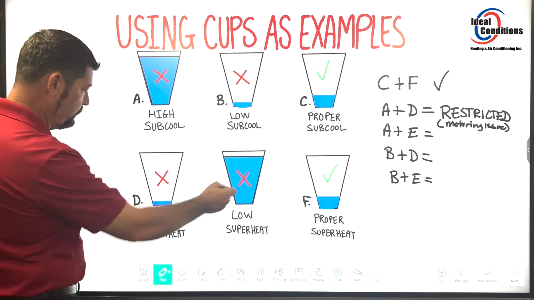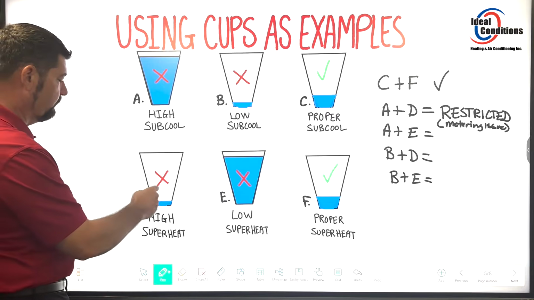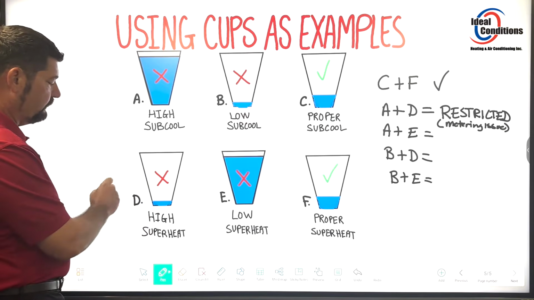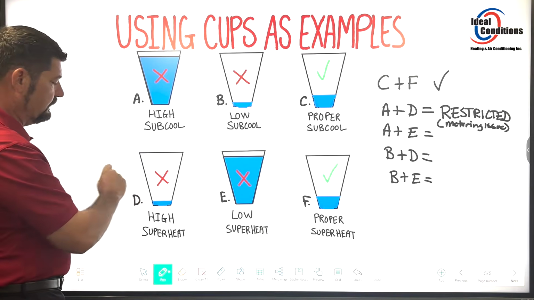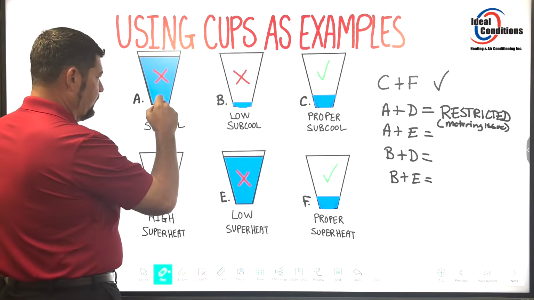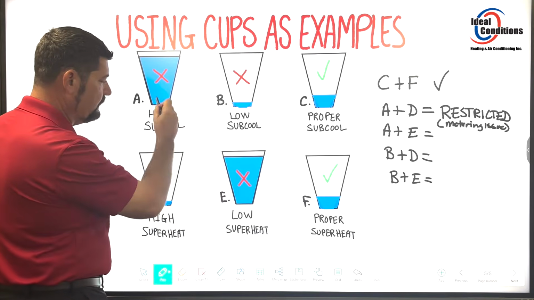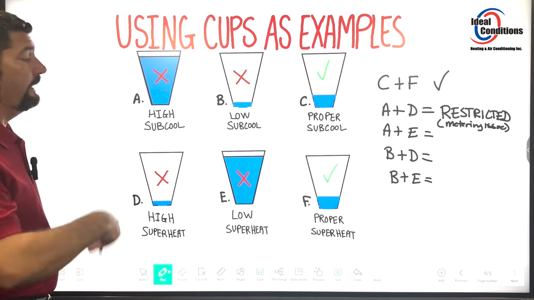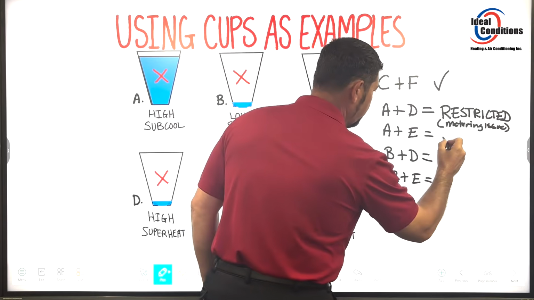No, one's empty, one's full. So if I have an empty evaporator coil, meaning a high superheat, then it's not allowing all this bottled up liquid to get in there. But if I have too much liquid here and I have too much liquid here, that can only mean one thing. I have too much refrigerant in the system. So A plus E is overcharged.